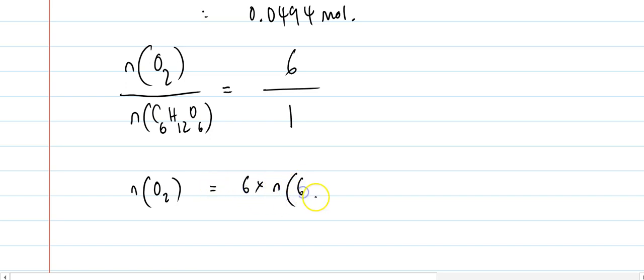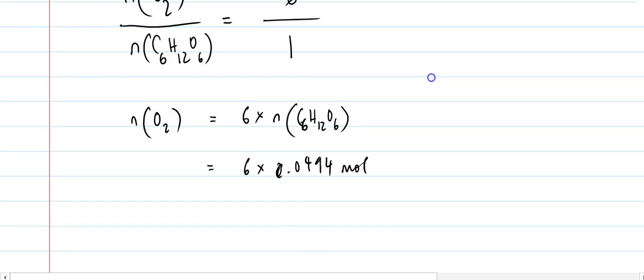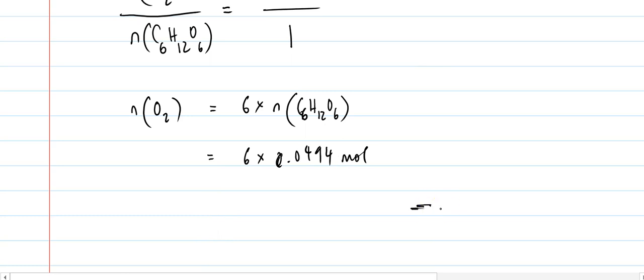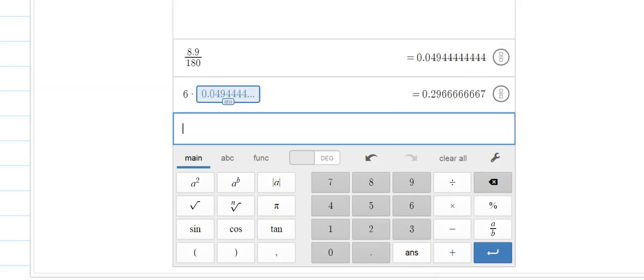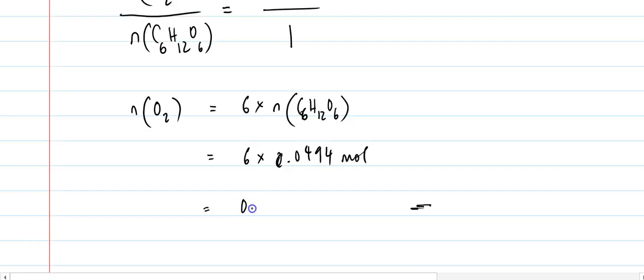So number of moles of oxygen is 6 times the number of moles of glucose. So 6 times 0.0494 moles. What's that? Calculator. 6 times answer. 0.297 moles.